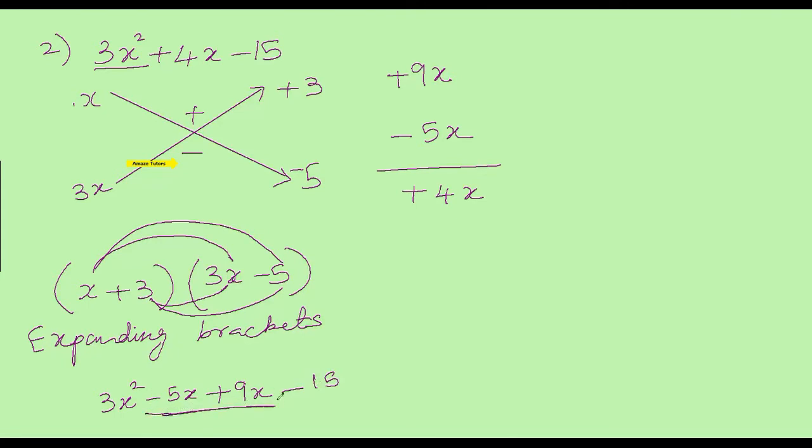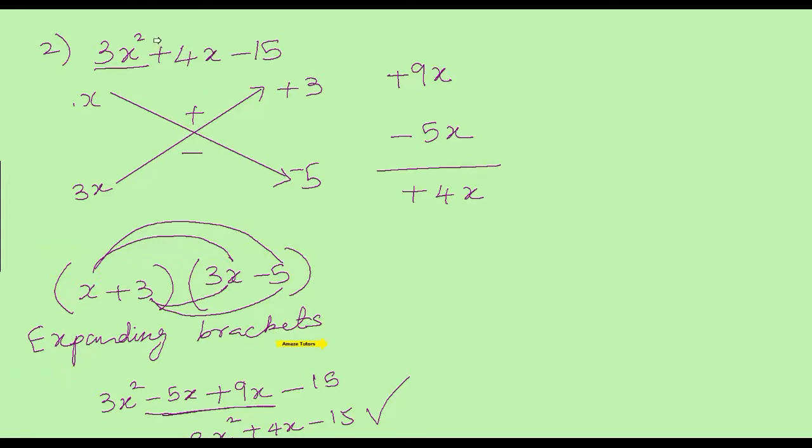Minus 5x plus 4x is positive 4x, minus 15. Yeah, this is the given question. So whatever we got, those are the correct factors, x plus 3 and 3x minus 5. So this is how you can check your answer in an exam by expanding brackets.